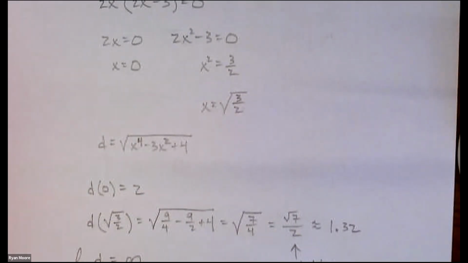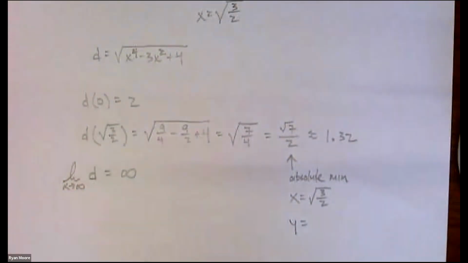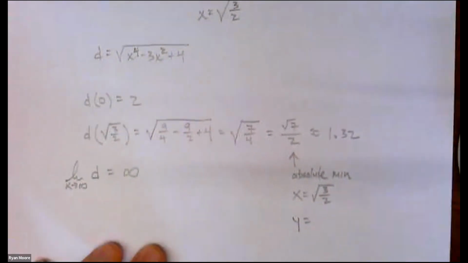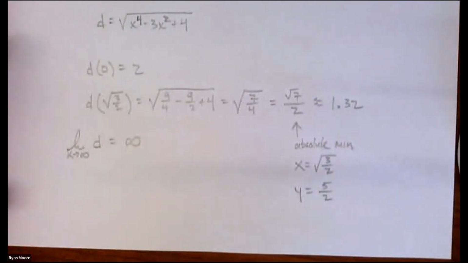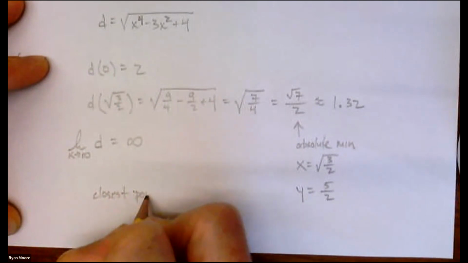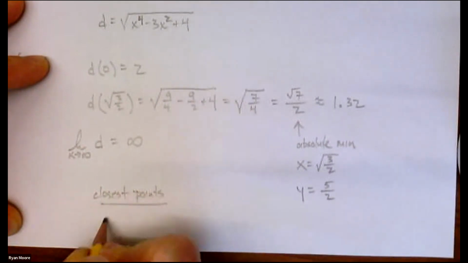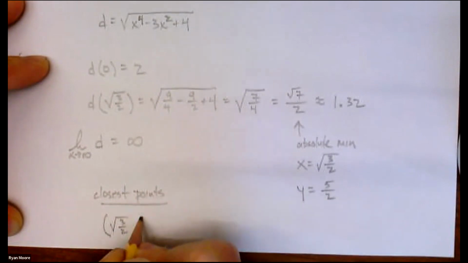Doing that, 4 minus 3 over 2 is 8 over 2 minus 3 over 2, which is 5 over 2. So there it is, the closest points. There are 2 of them. One of them is at root 3 over 2, comma 5 over 2.